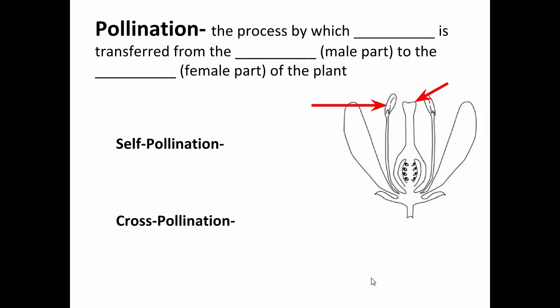The equivalent in plants is pollination. A male pollen grain lands on the stigma in the female parts of a flower and eventually combines with the ovule and produces offspring. So that's what pollination is. Pollen being transferred from anther to the stigma.